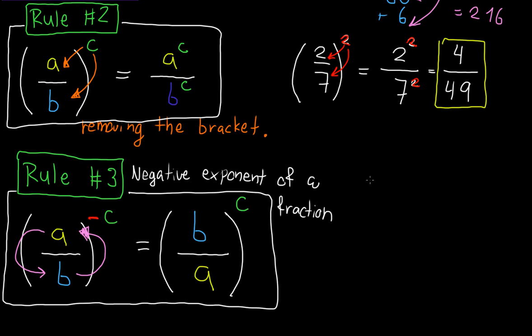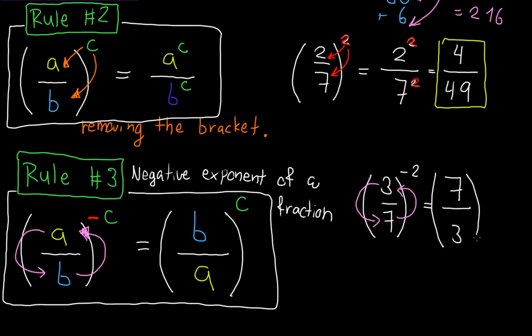So let's say we have a couple of examples. Let's say we have the problem 3 divided by 7 to the power of minus 2. Okay? So the first step I really recommend is flipping the numbers, or rotating or inversing the fraction, which is simply switching these two in place, so it becomes 7 over 3.